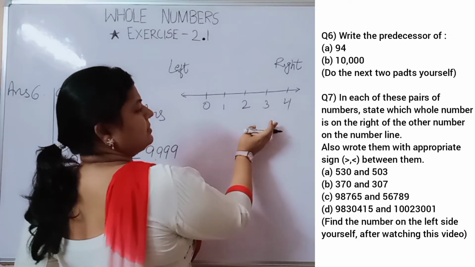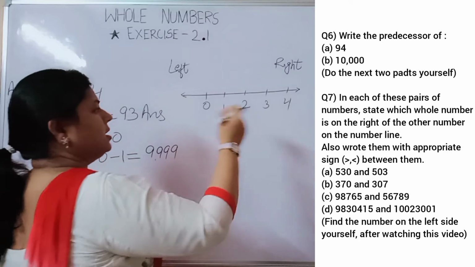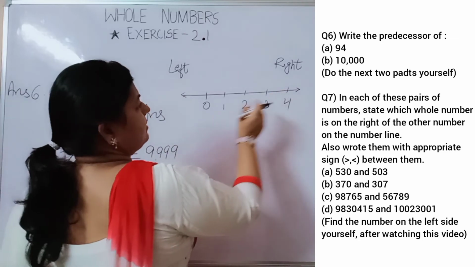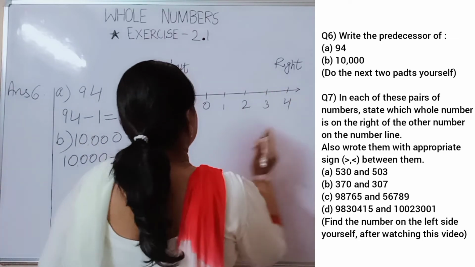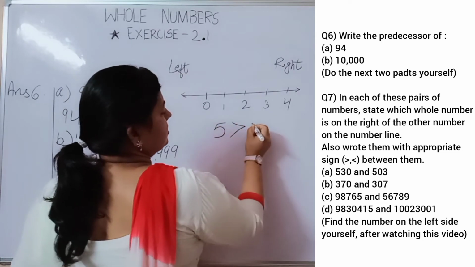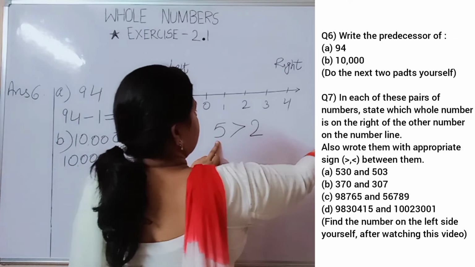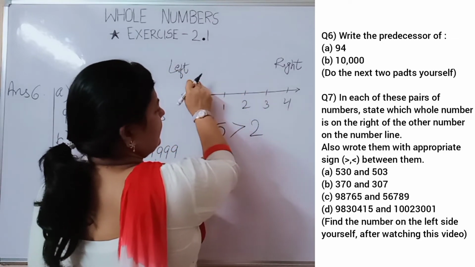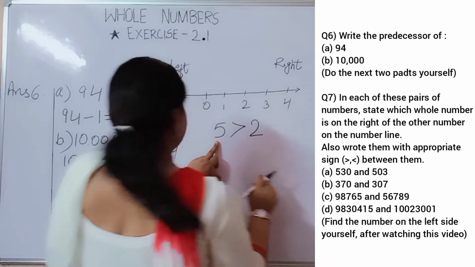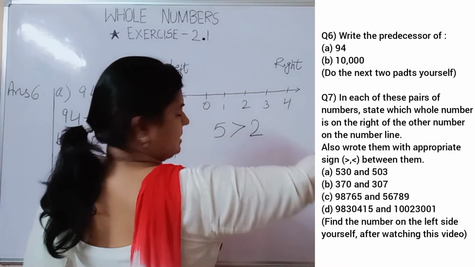It means the biggest number is 4 on this number line. So the greater number will go to the right side. It means 5 is more than 2 because 5 will go to the right side and 2 will be at the left side. It means the number increases when we go to the right.